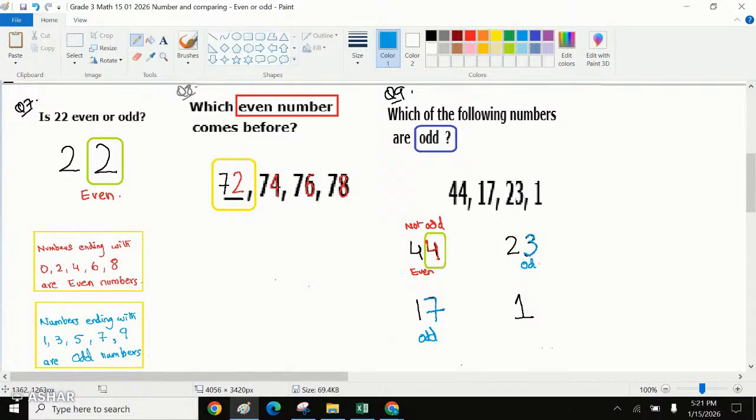That means this is odd. How about 1? 1 is in the units position and it ends with a 1. That means this is also an odd number. So we have 3 odd numbers in this given set of numbers.